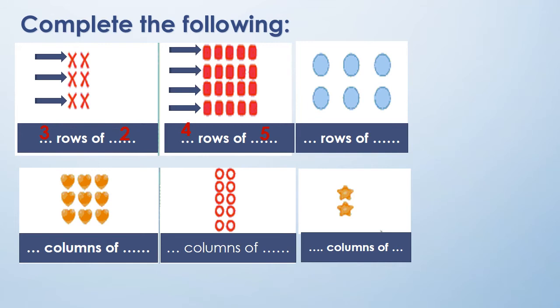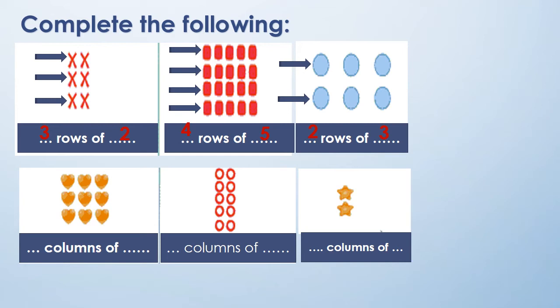The next one also asked me to count how many rows. Let's count. 1, 2. Then we have 2 rows, and each row has 3 objects. Then this array can be written as 2 rows of 3.